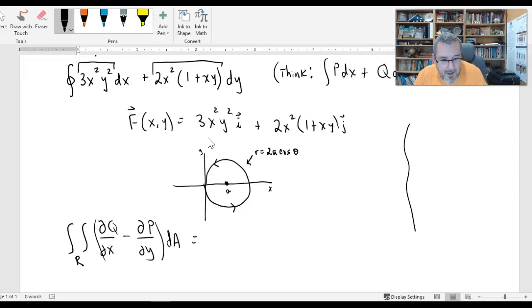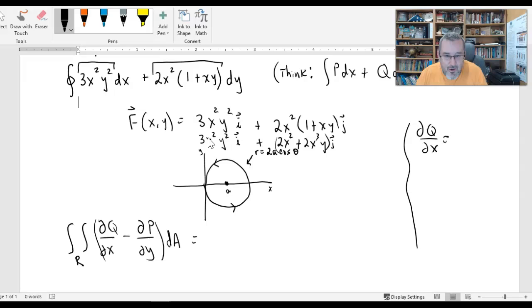So I need some partial derivatives. Let's come over here and find dq dx. So here's q. Man, it would be so much nicer if that was multiplied out. Let's do a quick rewrite of this thing. Let's distribute the 2x squared and get 2x squared plus 2x cubed yj, just to make the differentiation a little bit easier.